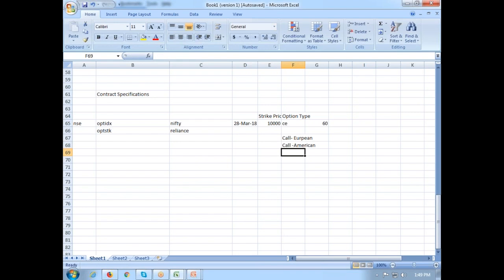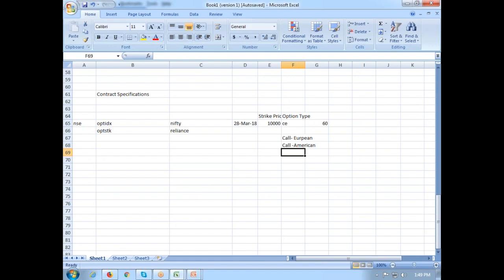In America or Europe? No. Call American is not there in any of the listed option contracts. It used to be there before 2009, not currently. Every single option contract in Indian exchanges is a European option contract.